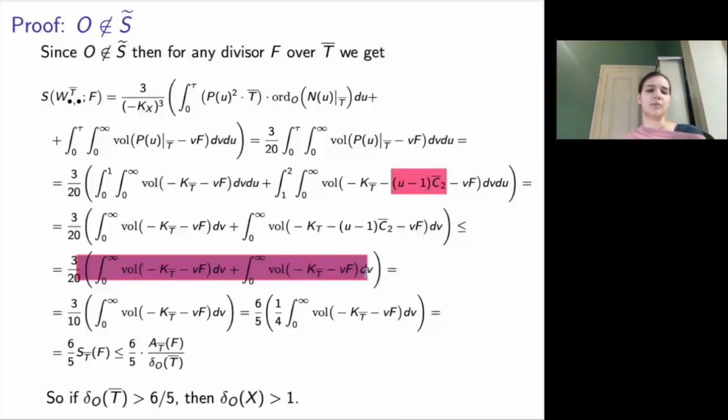After rewriting it a bit, we can say that it's less or equal than 6/5 over the local delta invariant for the del Pezzo surface, which will give us that if the local delta invariant for the del Pezzo surface T bar is greater than 6/5, then the global delta invariant of the threefold is greater than 1.